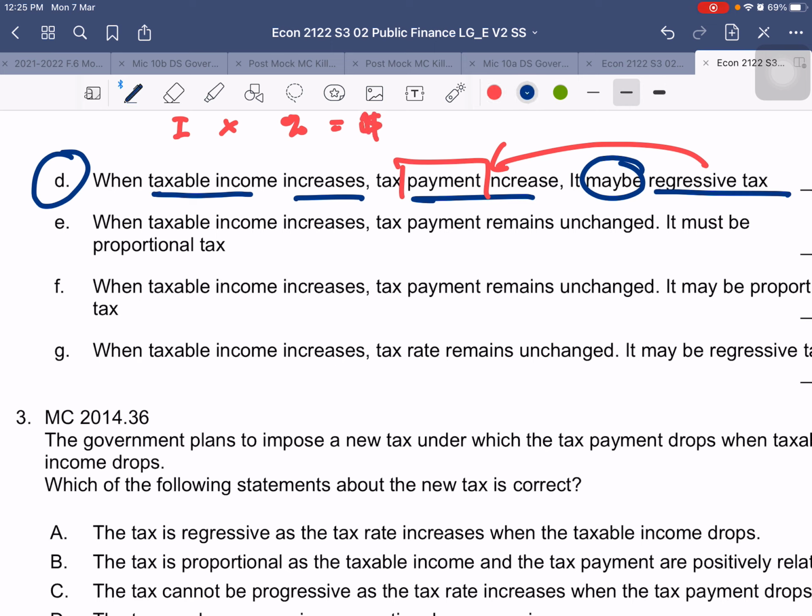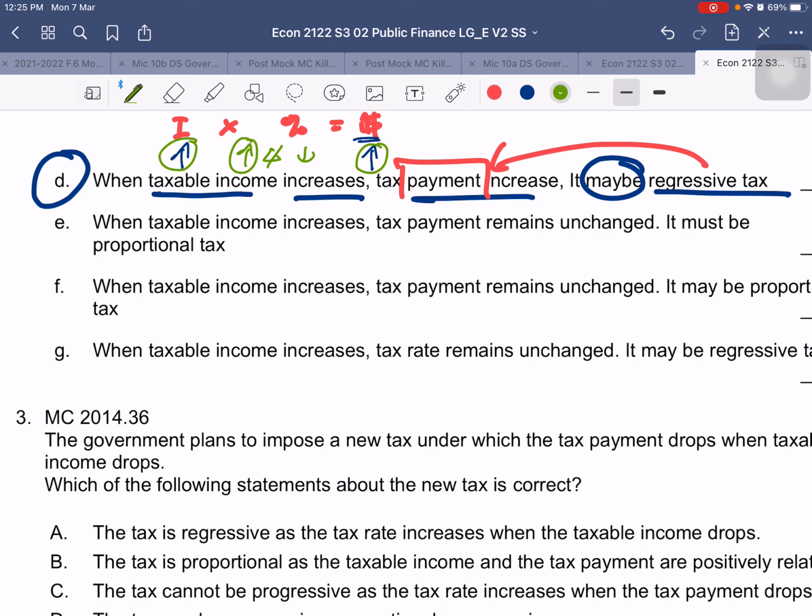Okay, so now we know that according to the question, the taxable income increases, then the tax payment increases. So now think about whether increase, unchanged, and decrease are possible. Now income increases, if the tax rate increases, what happens to the tax payment?